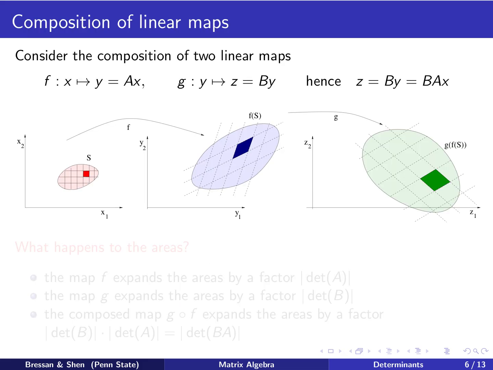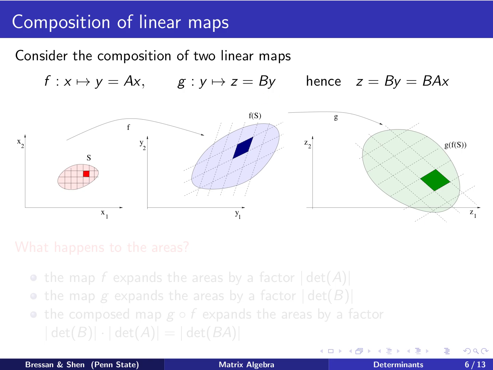Next, we look at composition of linear maps. Consider the composition of 2 linear maps, let's say f and g. f maps from x to y, where y is A times x. And then g maps from y to z, where z is B times y.